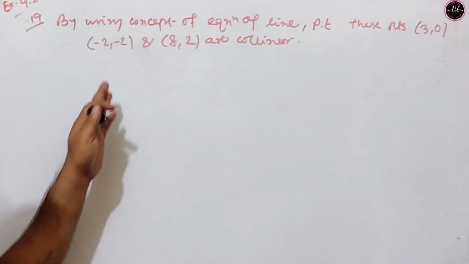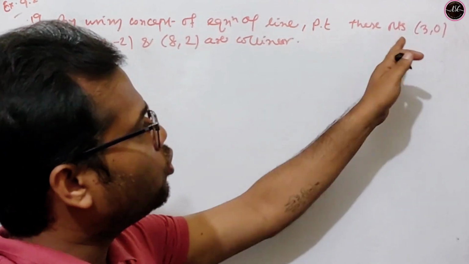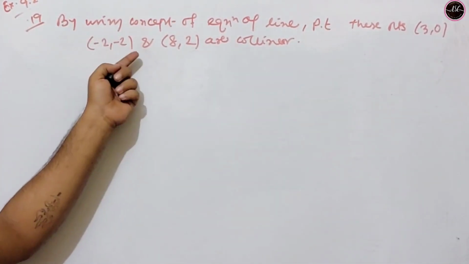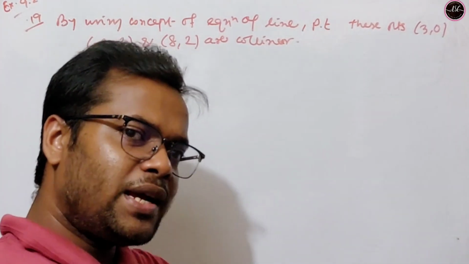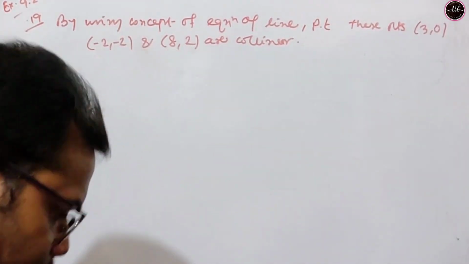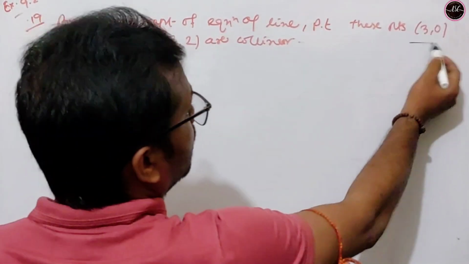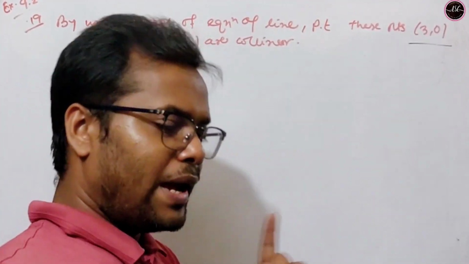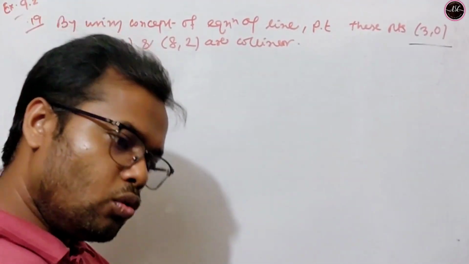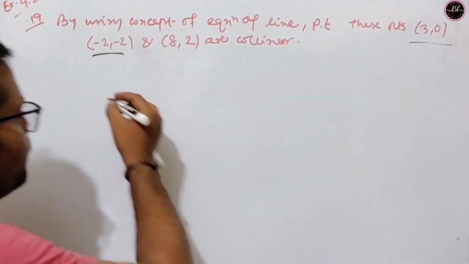Just look at this question. By using the concept of equation of a line, prove that the points (3, 0), (-2, -2) and (8, 2) are collinear. That means the points are on the same line. Firstly, using two points, we can find the equation of the line passing through them.